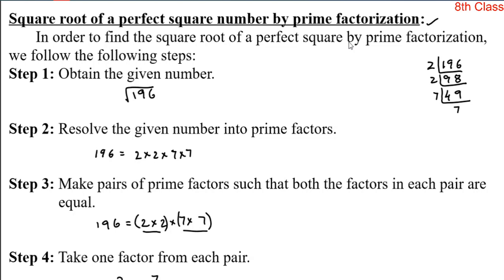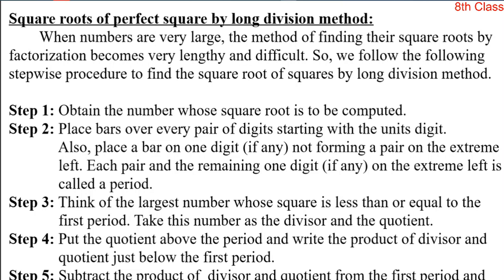So in such cases, we use the method of long division to find the square root. So that is the third method, square root of a perfect square by long division method.